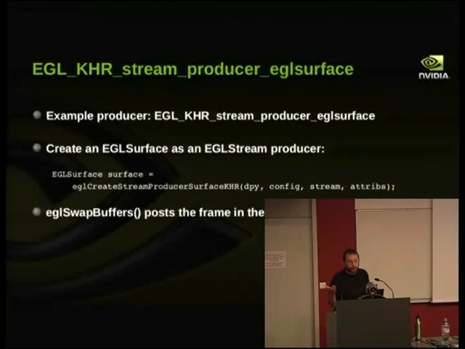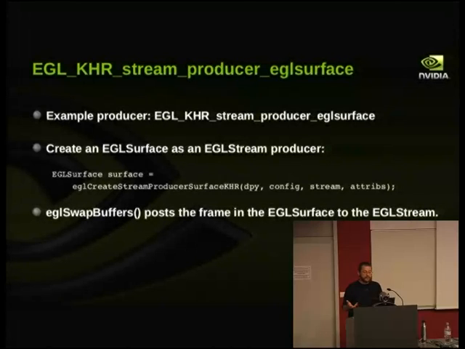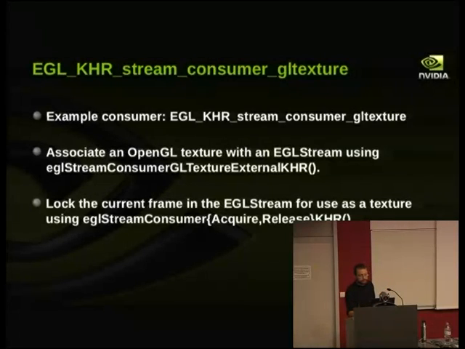So an example producer would be an EGL surface. So using the Khronos stream producer EGL surface extension, these names get awfully long, you can create an EGL surface that is the producer of a stream. And so then whenever you call swap buffers on that EGL surface, the contents of that surface are made available to the consumer of the stream.